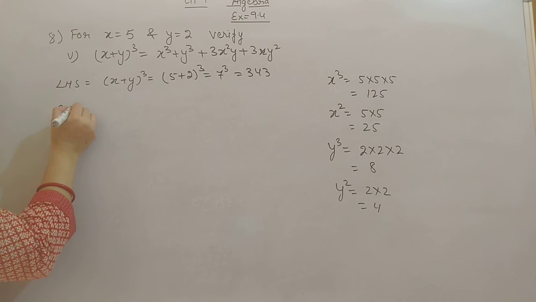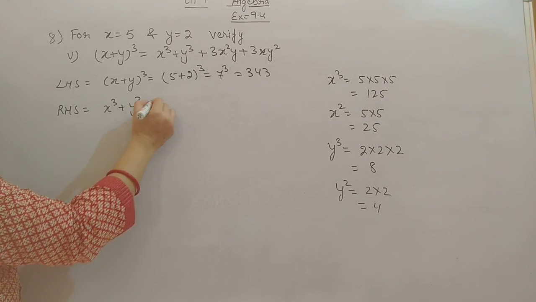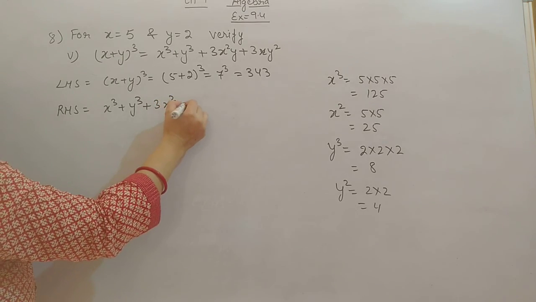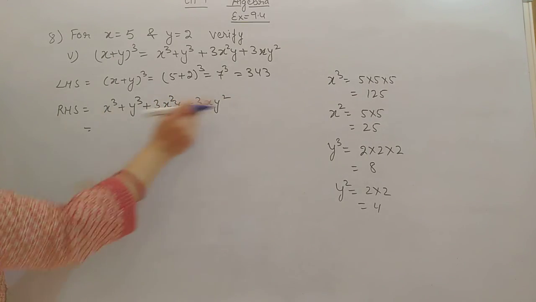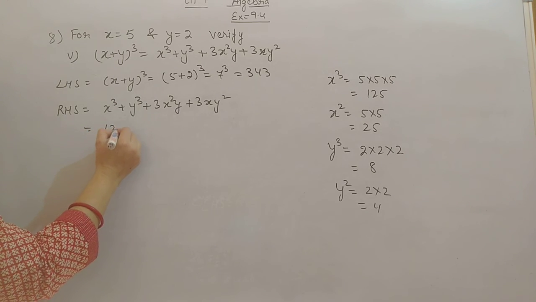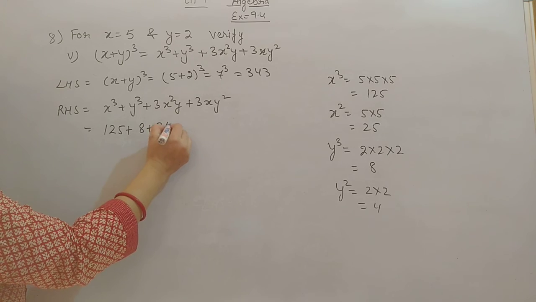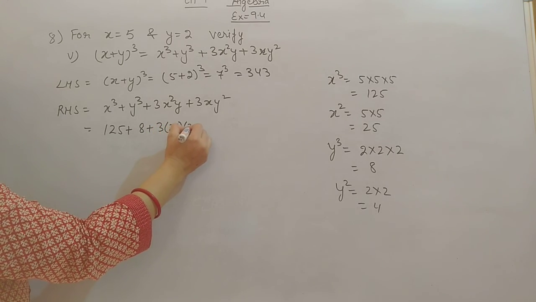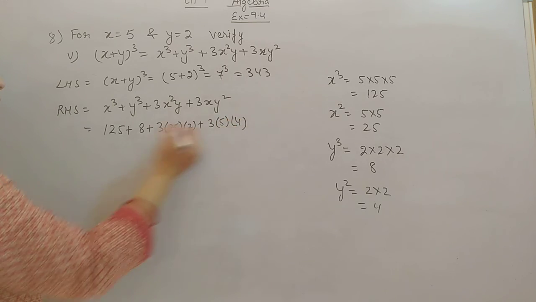Now right side, x cube plus y cube plus 3x square y plus 3xy square. Substitute values. X cube is equal to 125. Y cube value is 8, plus 3 into 25 into 2, plus 3 into 5 into 4.